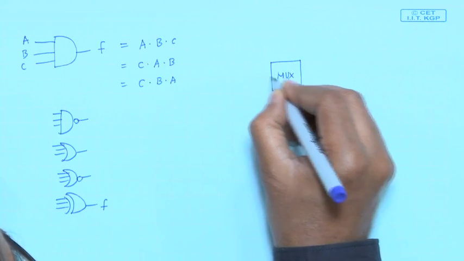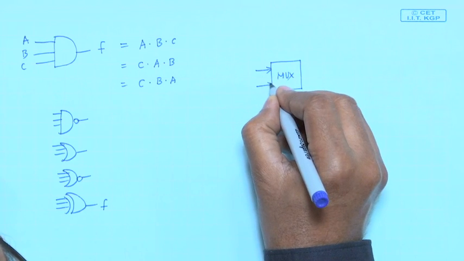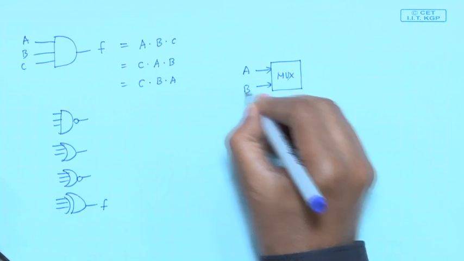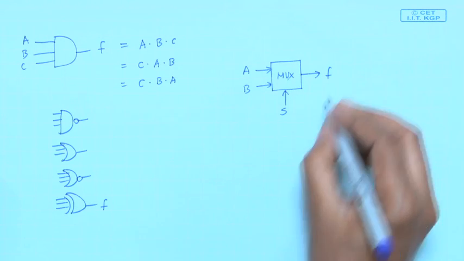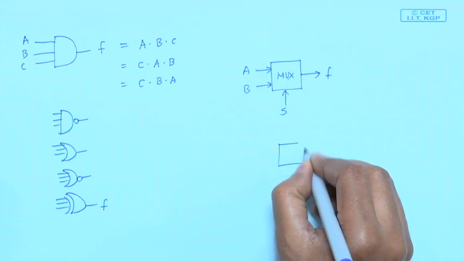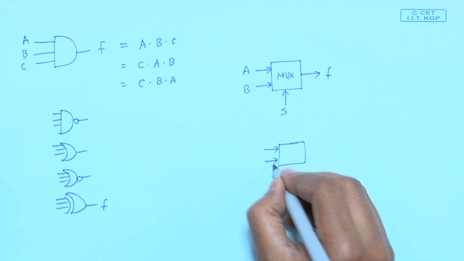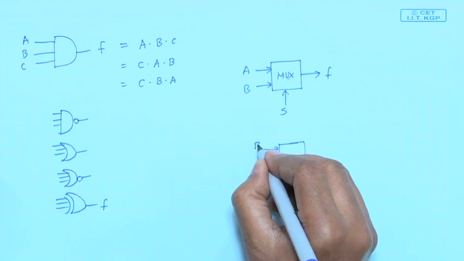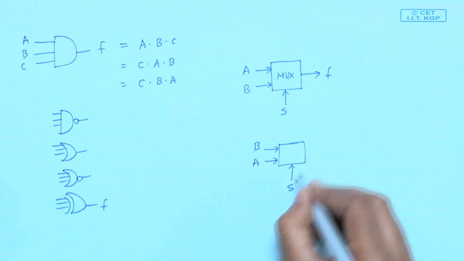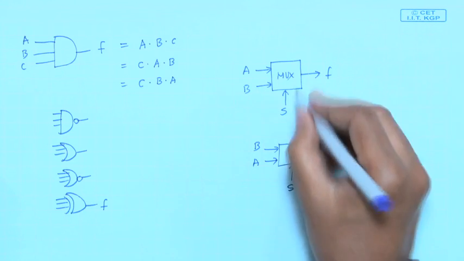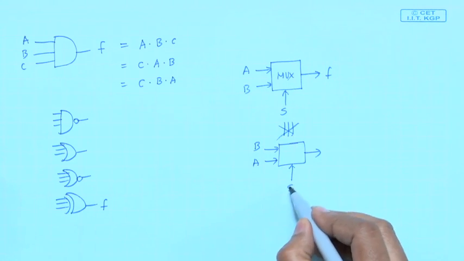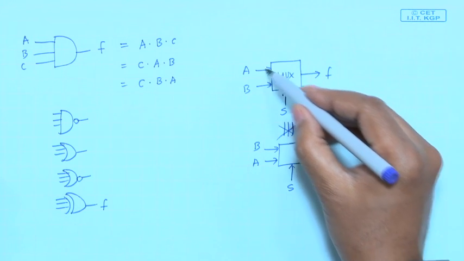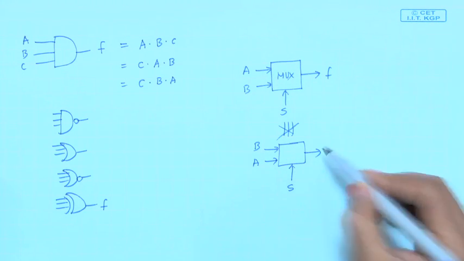I have a multiplexer, I have A, B and this select line S here, and this is the output. Now, suppose I say that I swap my inputs, I make this B, I make this A, this function will not be equivalent to this. Okay. This is not equivalent, because if S equal to 0, in this case A was selected, but now here B will get selected.